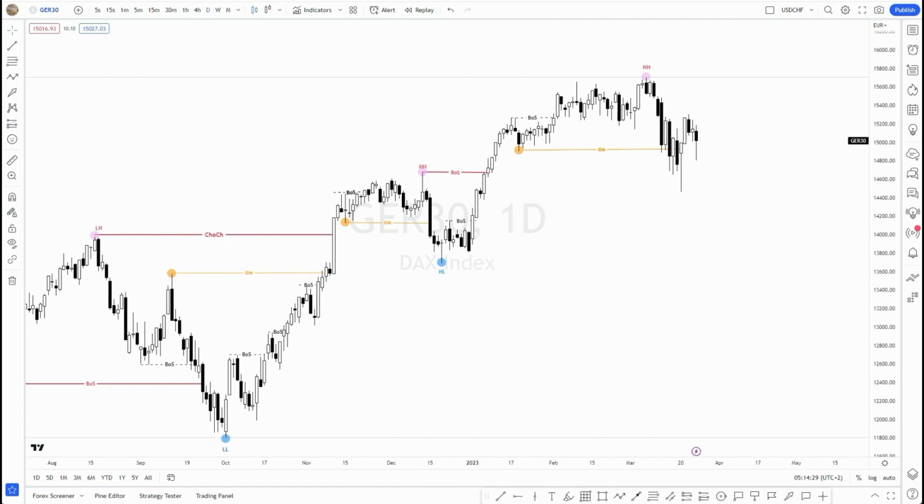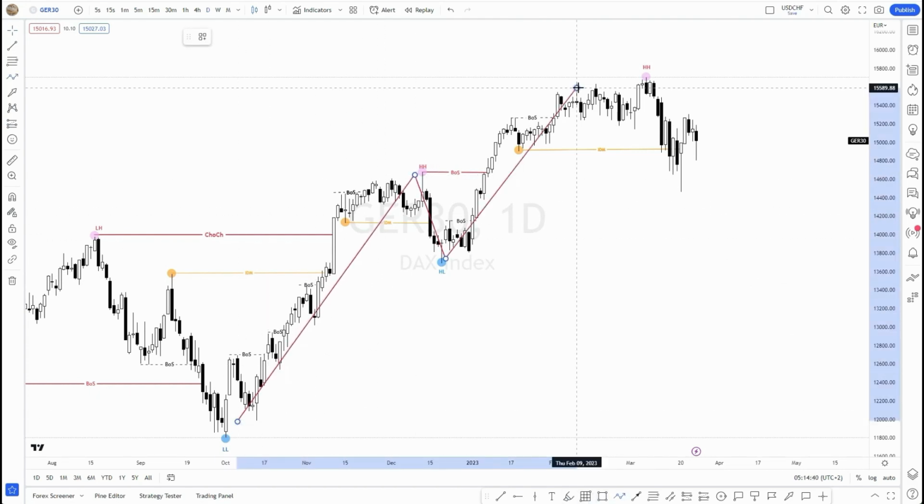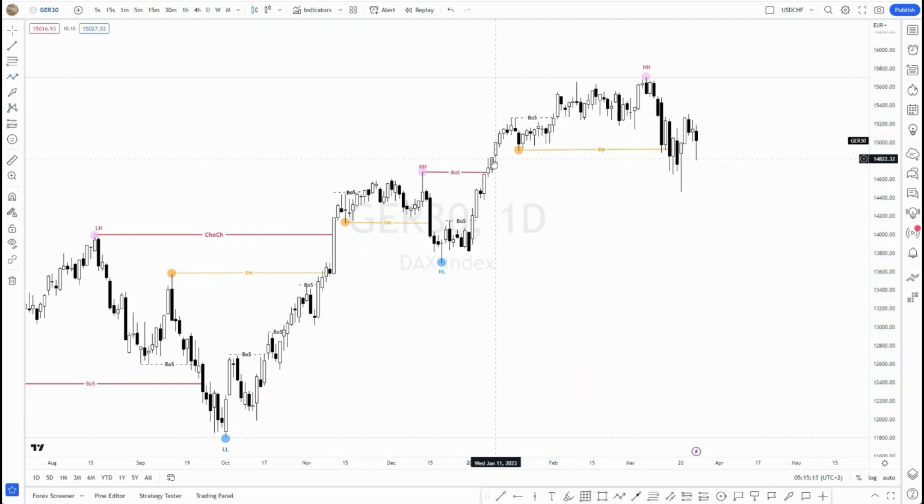Once you see the break of the major structure to the upside, you wait for another inducement. You can often notice the minor structure clearly in the same time frame as the major structure like this, but if not, you can find it on a lower time frame. But to me, it looks very clear. Now, you may ask why my inducement is not this one at the top. It's simple.